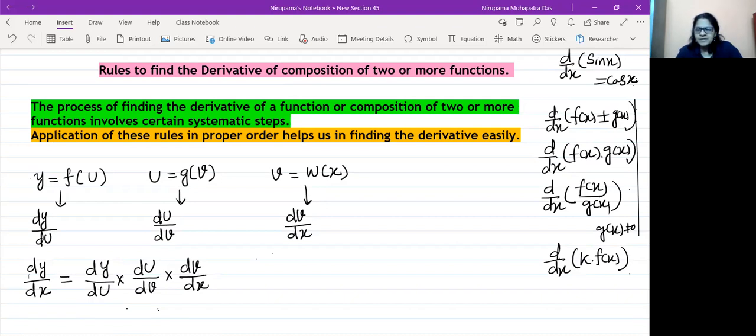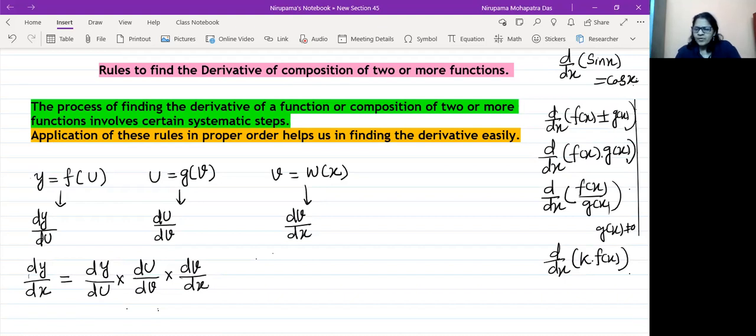So d by dx of sine x equals cos x, or derivative of sine x with respect to x is cos x. Similarly, many other formulas we have already derived and applied to simple functions.